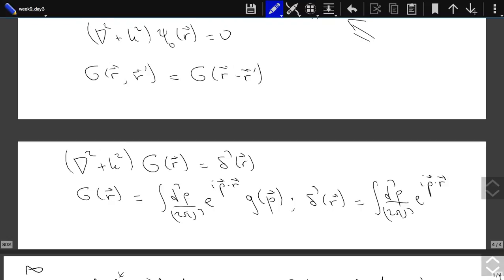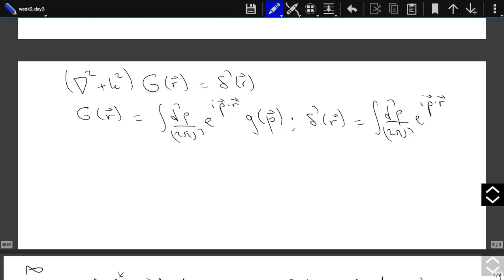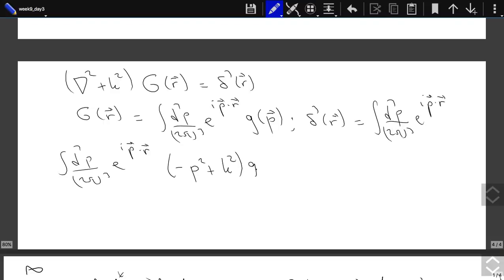Now if you just put these equations into our differential equation, we get d cube p over 2 pi cubed, e to the power i p dot r, multiplying minus p squared plus k squared. Well, the Laplacian acting on the exponential just gives me minus p squared times g of p.